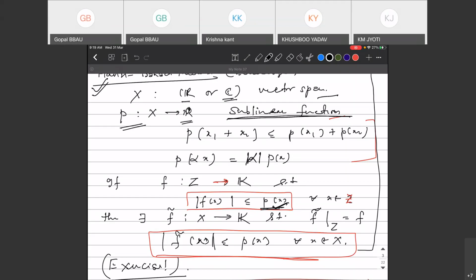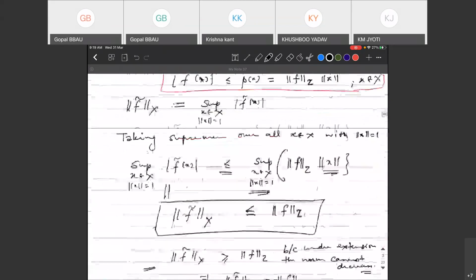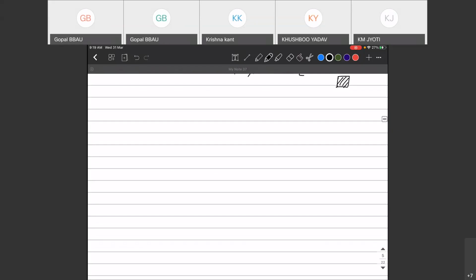So, what next? Next is the theorem. What does it say?